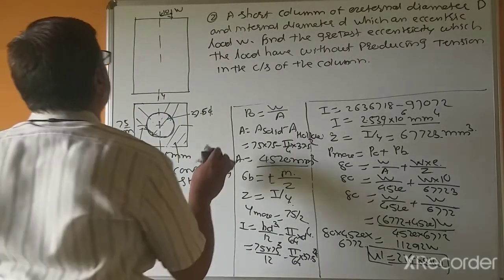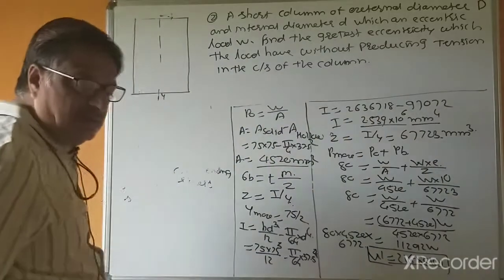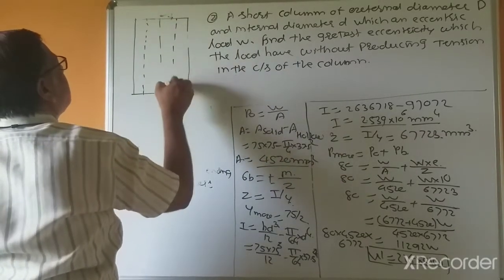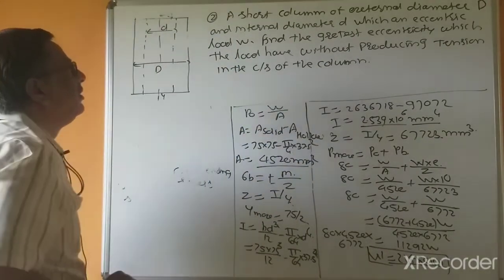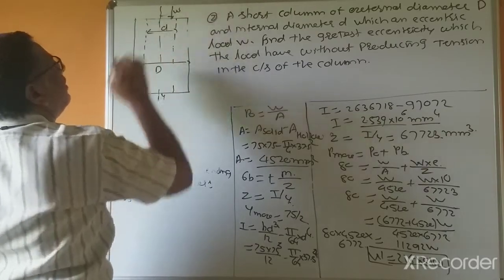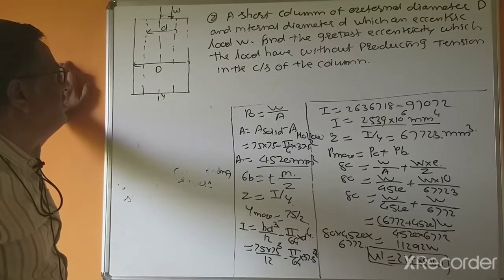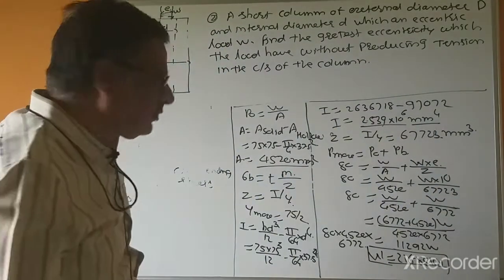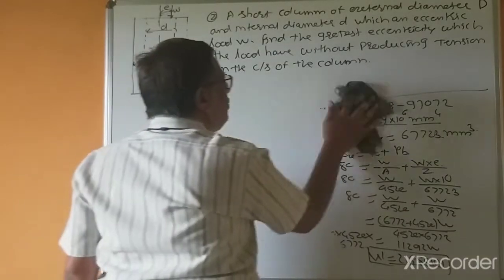These columns have internal diameter d and external diameter capital D. A short column of external diameter D and internal diameter d carries an eccentric load W. Find the greatest eccentricity, so that's E. In this problem only the relation is needed, the relationship of the eccentricity, that is to be found out.